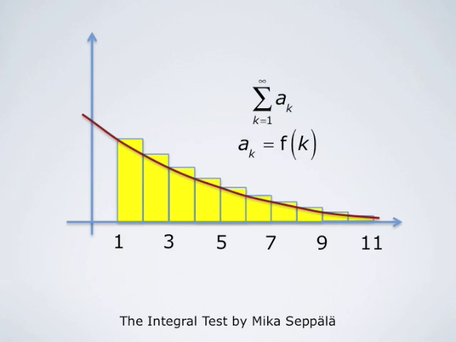But now it is obvious, since the function f is decreasing by assumption, that the union of these yellow rectangles contains the domain under the graph of the function f from 1 to infinity. Therefore, if the domain under the graph of f from 1 to infinity has an infinite area, it follows immediately that also this series diverges.